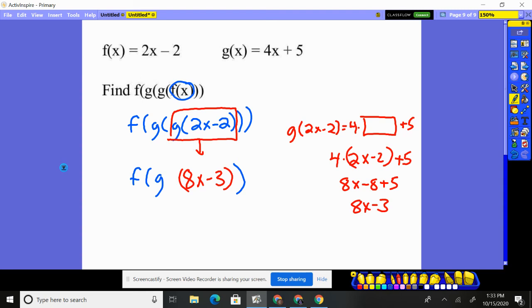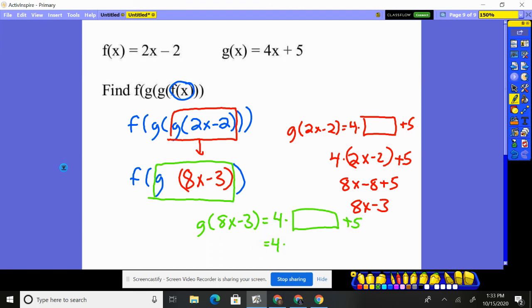Okay. So we now need to go ahead and do this, get an answer here. And then when we get that answer, we're going to plug it into the f function. So the g function, we're going to do g of 8x minus 3 and find an answer, just like we did over here. G function, 4 times whatever they give you plus 5. We've already done it once. 4 times what did they give us?